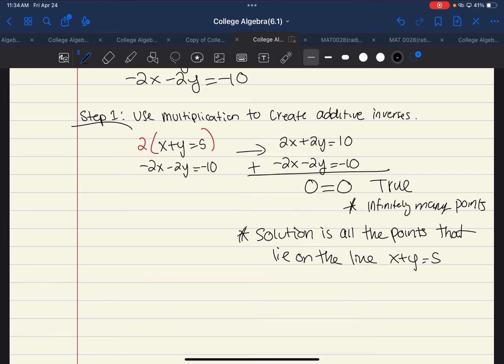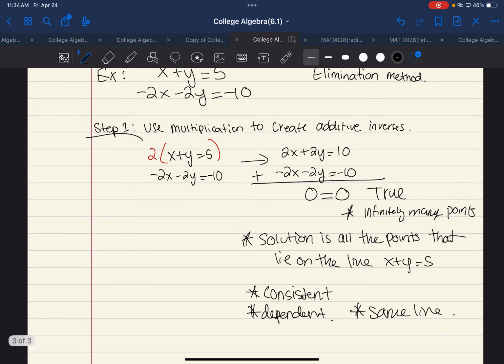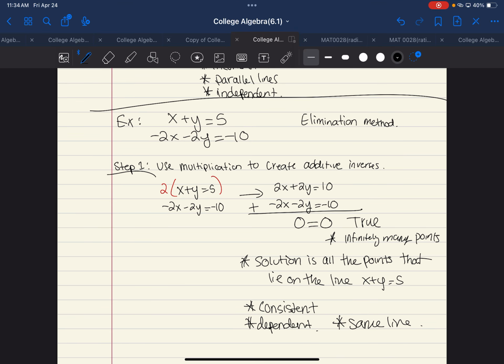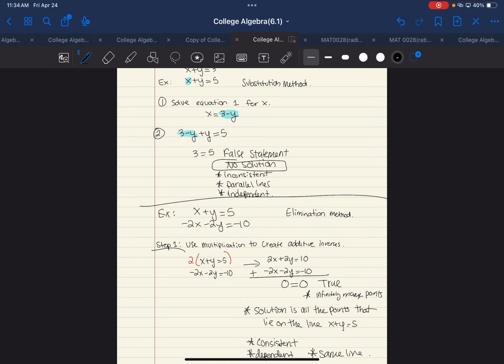And so this is still consistent. And they are dependent because they are the same line. So that's how you can tell if there's no solution or infinitely many solutions. It all cancels and it's true or false.